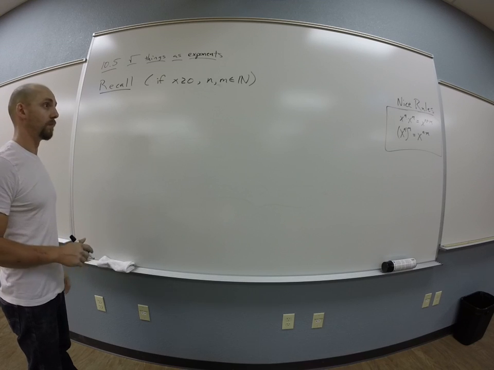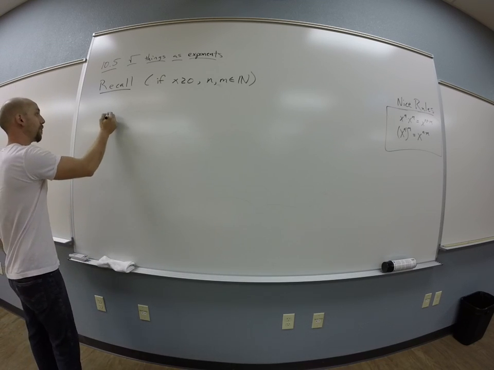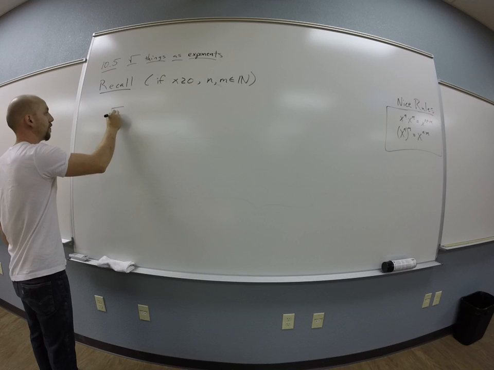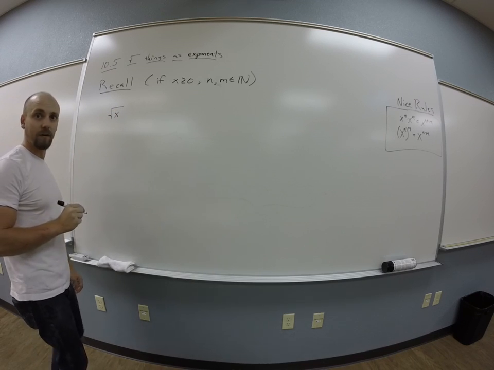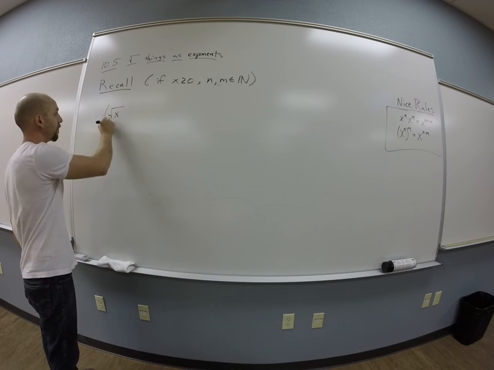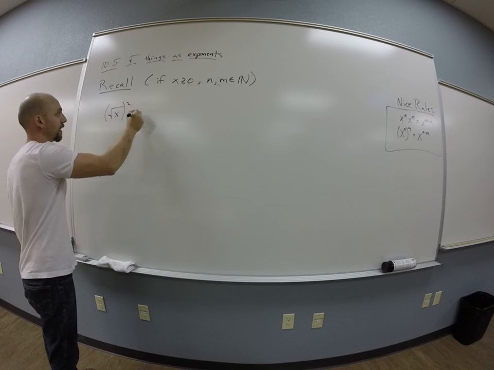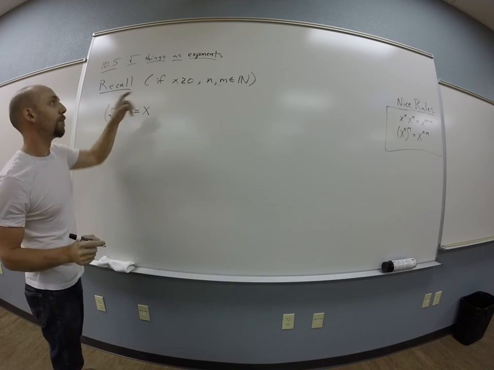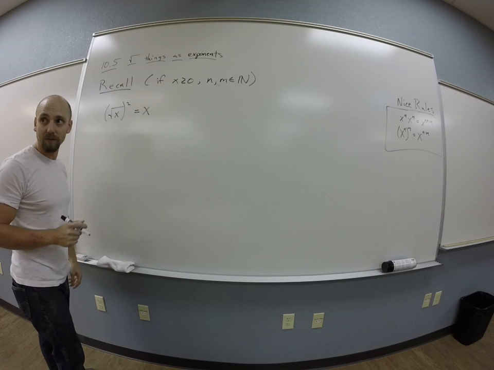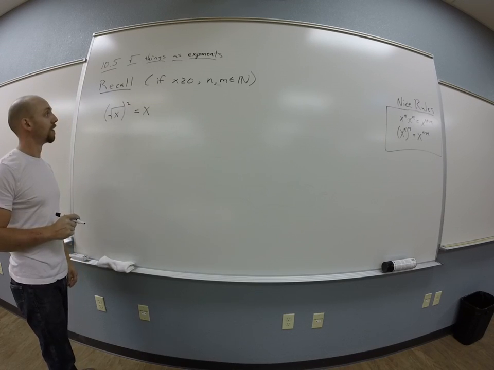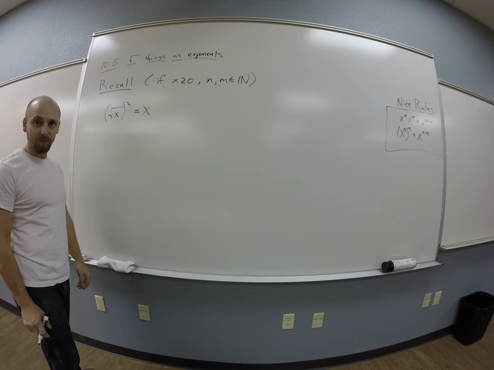So one thing we might look at is the square root of x, which is a thing that when I square it, I get x back. Remember, I assumed x was positive, so I wasn't dealing with negatives here, and I don't have to worry about the absolute value of x.